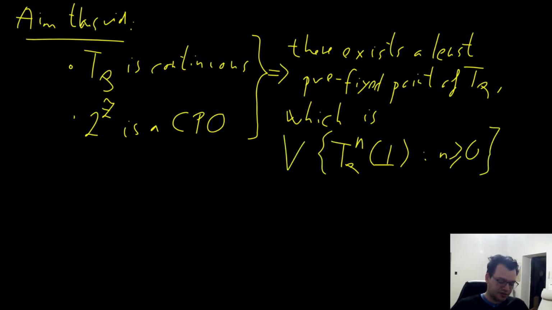And because 2 to the Z is a CPO, the supremum will exist. And because TP is a continuous function, the fixed point can be computed this way.